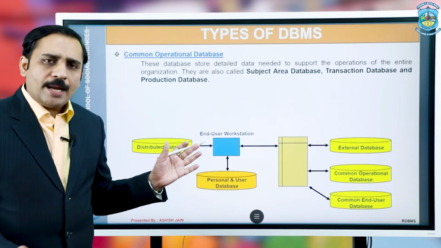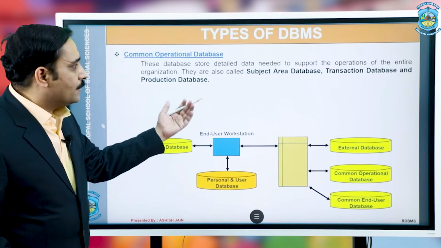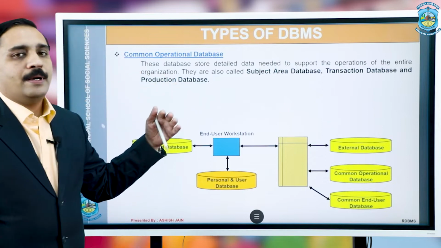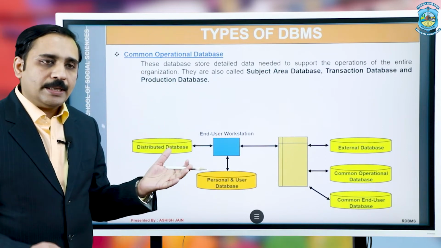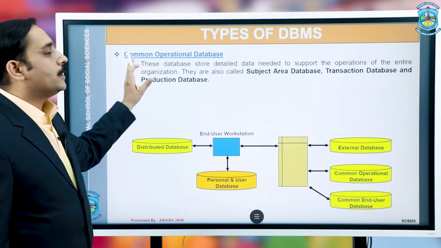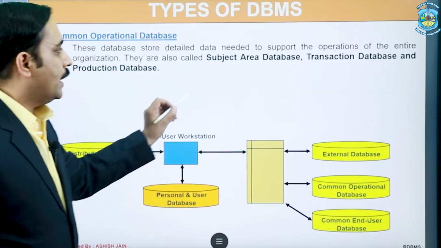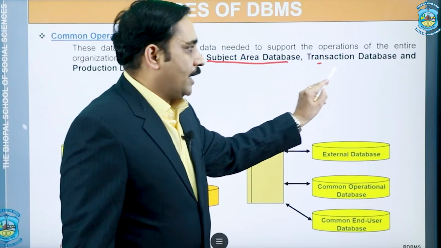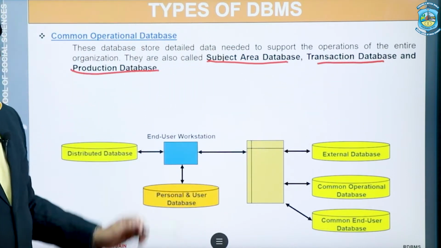They contain various kinds of information related to systems like production management and transaction management. All these kinds of things require large amounts of data to be maintained. Such databases are called common operational databases. They are also known as subject area database, transaction database, and production database.